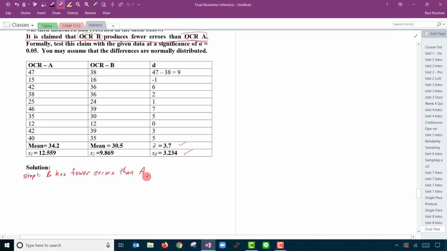So the mean difference, then, if I'm subtracting it in the order of A minus B, would be that if B has fewer errors than A, then this would end up being greater than 0.